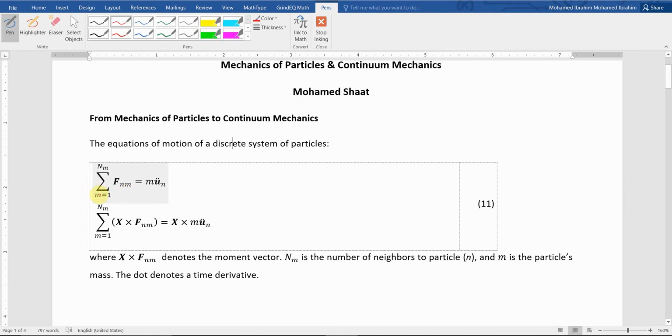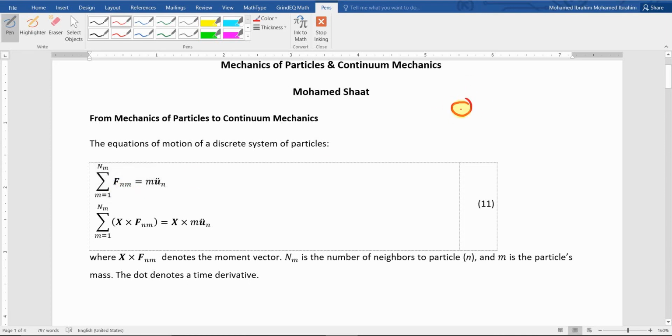In addition to this, in order to consider the dynamic equilibrium of the particle, we have to collect all the forces generated between the particle and any other particle surrounding the main particle n. Here m stands for the neighbor particles, and nm stands for the number of these neighbor particles. Our main interest is just to calculate the force.